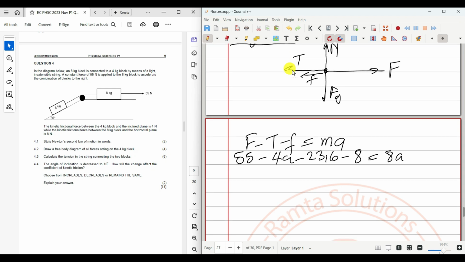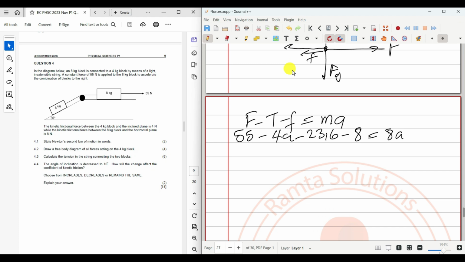So we have now 55 minus 23.6 minus 8. It's 23.4. This is 23.4 equals 12a.